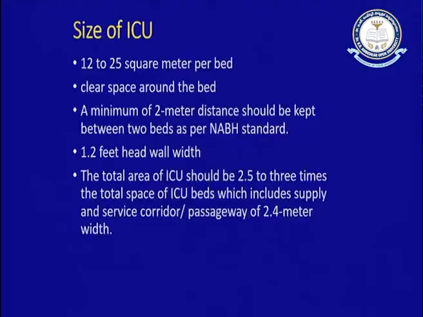What is the size of the ICU, how is bed availability and space determined? Let us see. Every bed has to have 12 to 25 square meters of area, and clear space around the bed.